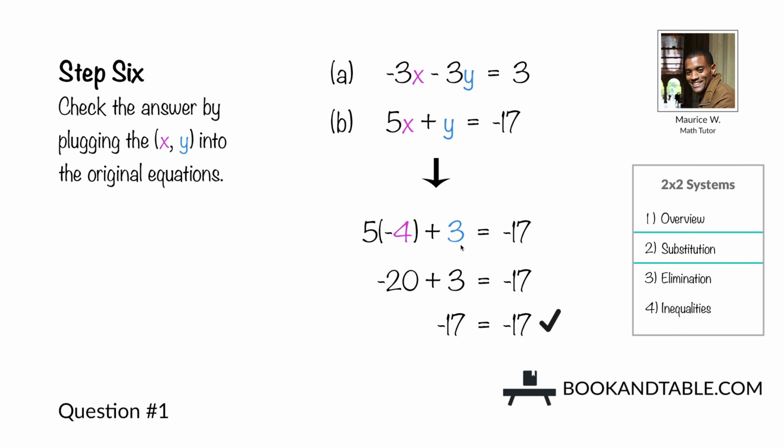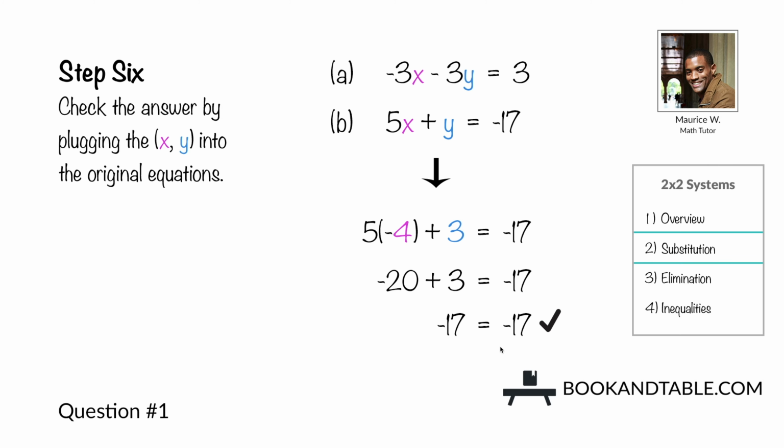And for equation B, 5x plus y is equal to negative 17. 5 times negative 4 is negative 20, plus 3. Negative 20 plus 3 is negative 17. So this confirms that for equation B, x is equal to negative 4 and y is equal to 3 as well.